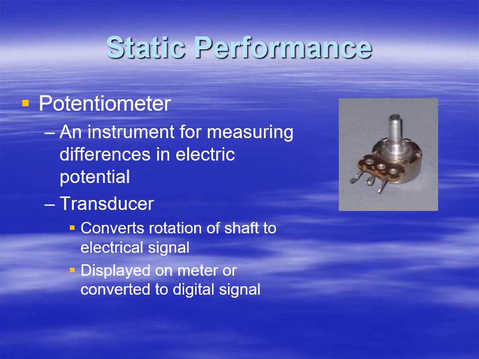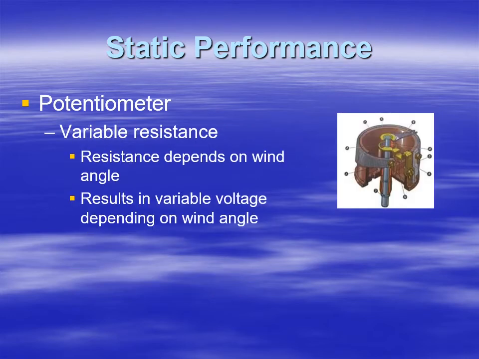So based on the varying voltage, you know what direction the shaft is pointed. Of course it depends on the direction of the wind. You'll have to calibrate it to figure out the voltage for whichever direction that it's pointing, and then reference that to true north.